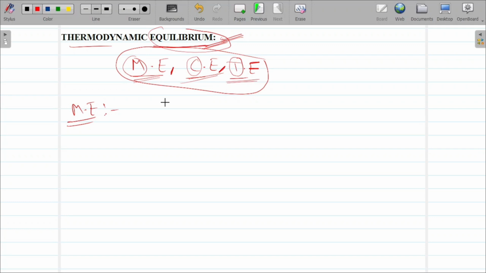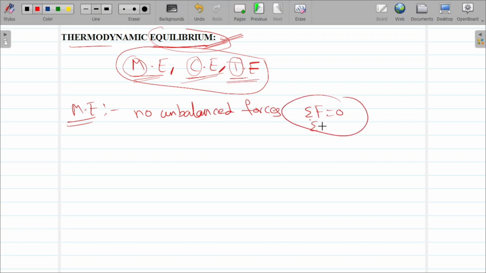In this, there are no unbalanced forces. That means the sum of total force, sigma F, is equal to 0, or sigma torque is equal to 0. We'll discuss this later. So when there are no unbalanced forces, we can say the system is in mechanical equilibrium.